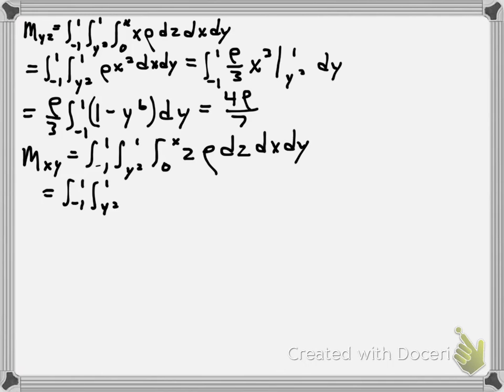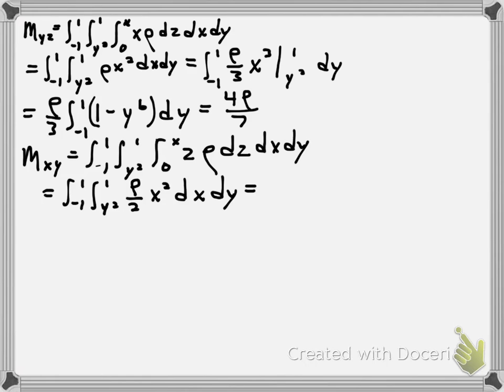The antiderivative now is 1/2 z squared rho, and if we substitute x in, we will get a rho over 2 x squared. Of course, when we plug in 0, we get nothing, and so this is our integral, and then we have dx dy.